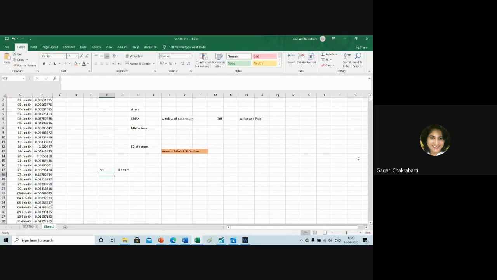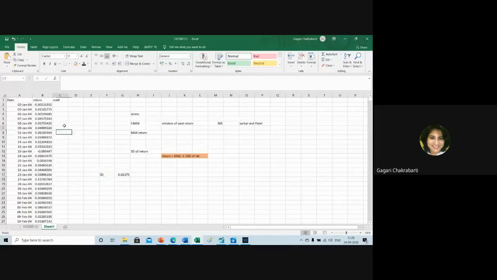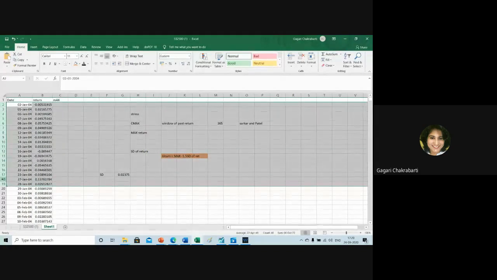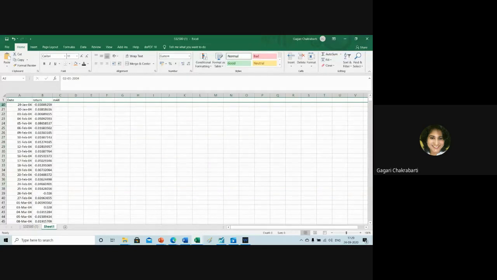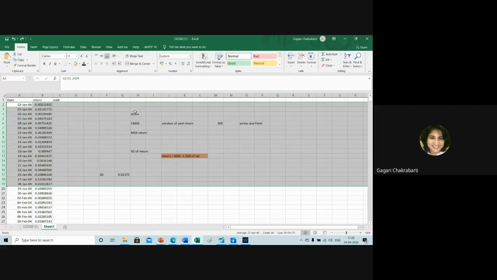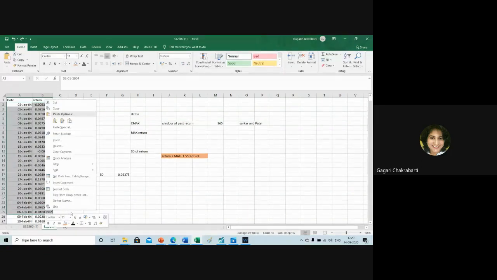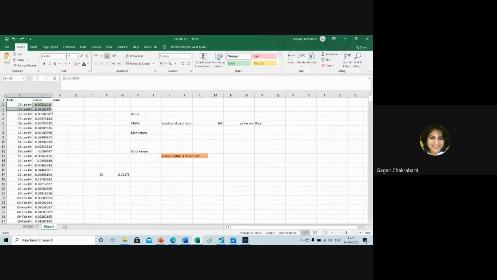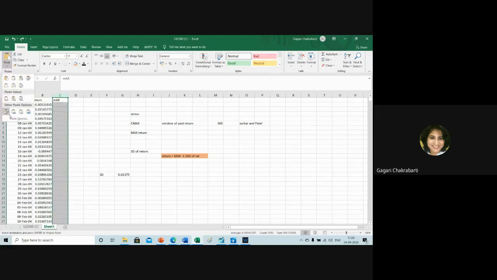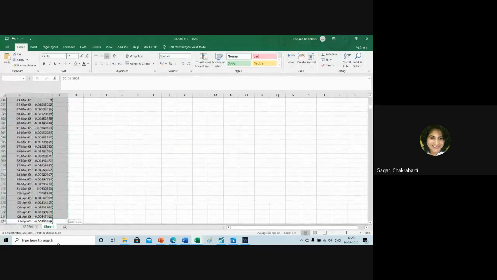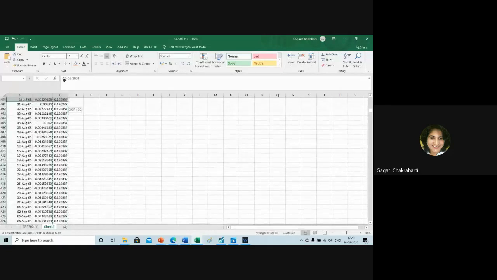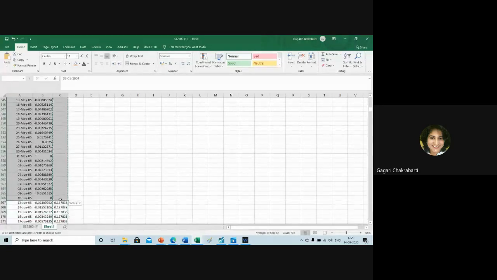So what we shall have to find out? Let's hide these values, or rather, I can also delete those values, so we have only the relevant portion.